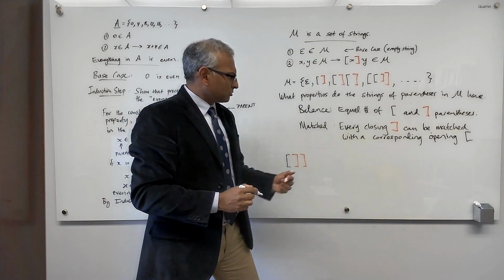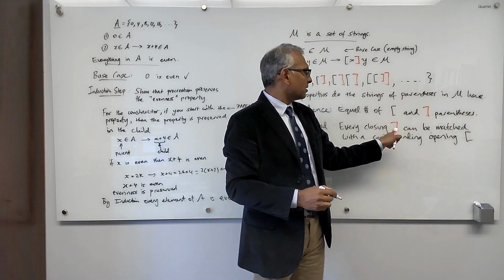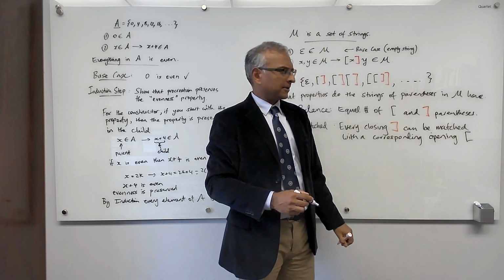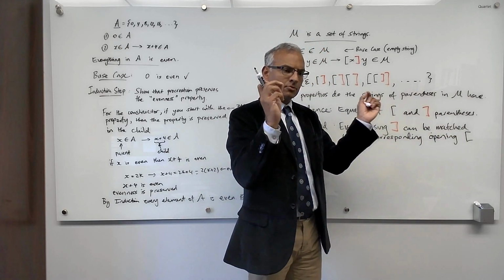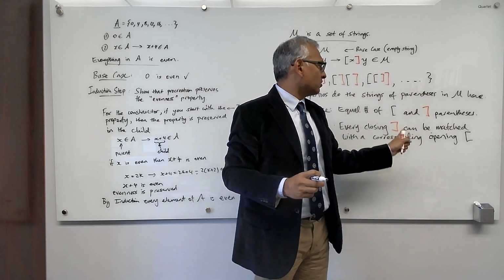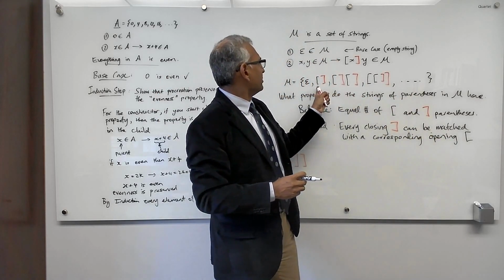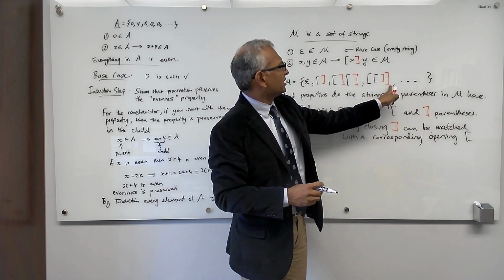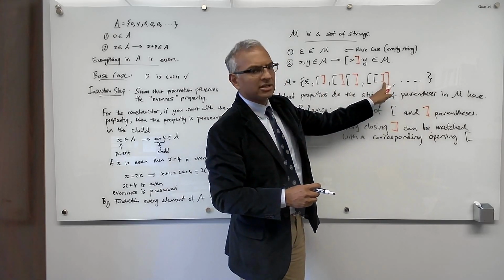Now you can't match a close to more than one opening, so you create distinct pairs: an opening and the corresponding guy that closed it.